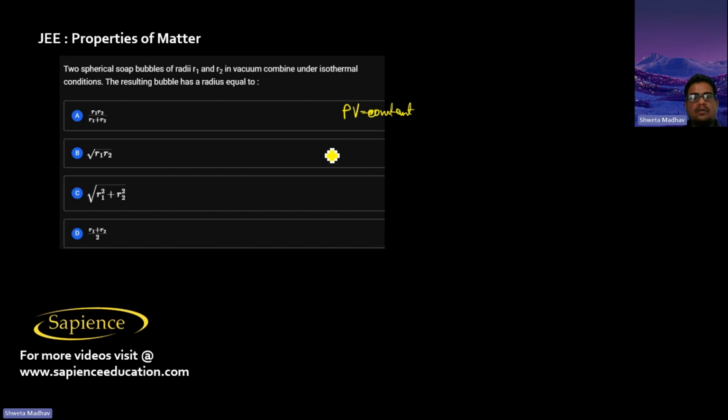So therefore, the pressure inside the first soap bubble will be P naught plus 4s by R1, into the volume, that is 4 by 3 pi r1 cube. Pressure into volume, that is constant.